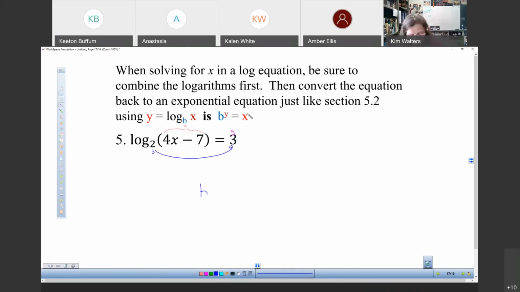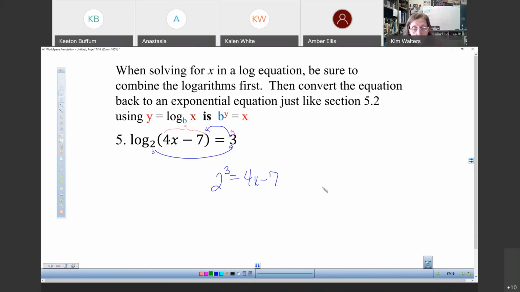So b is not b, b is 2. So my equation becomes 2 to the third power is equal to 4x minus 7. So this to this power is equal to here. So whether you do it with the b's, y's, and x's, or you make a circle or whatever the case may be, this is the equation you're going to solve.